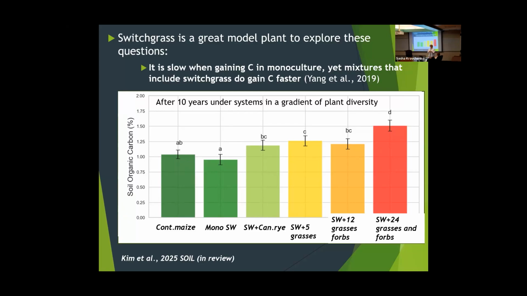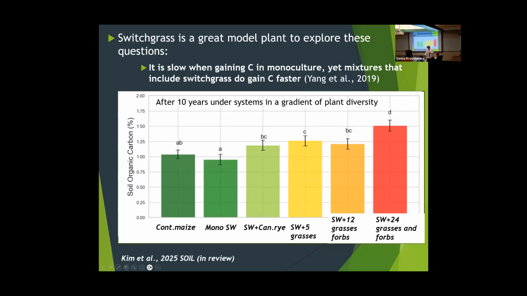Well, it doesn't. What you see here is just one example of one of the experiments where it's been demonstrated. These are soil carbon data after 10 years of these systems, going across this gradient of plant diversity from continuous corn to that monoculture switchgrass, and then continuous increase to 24 plus species here.